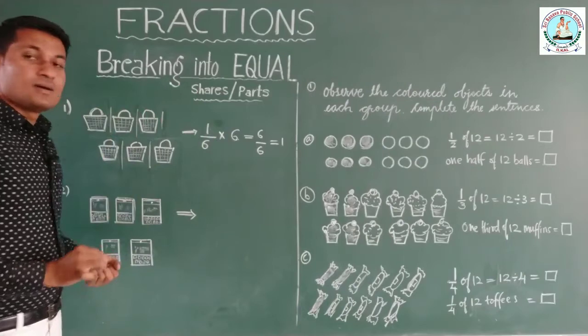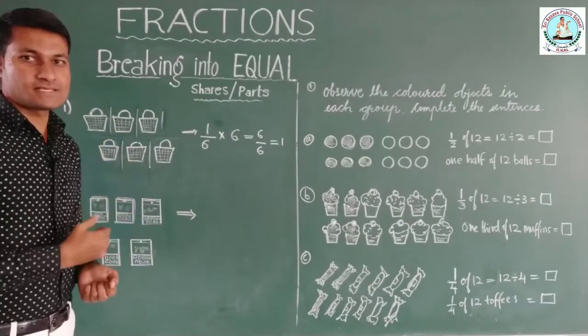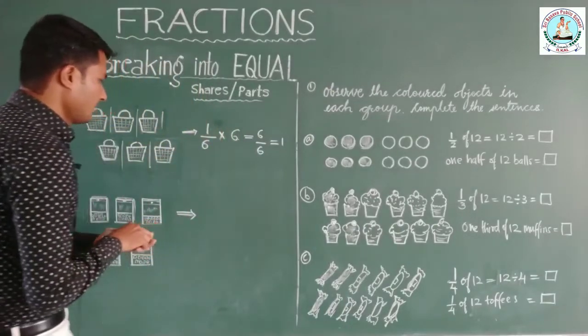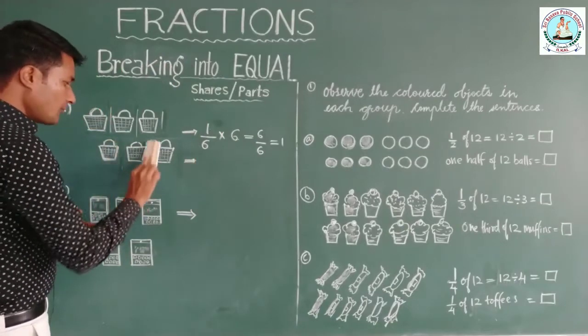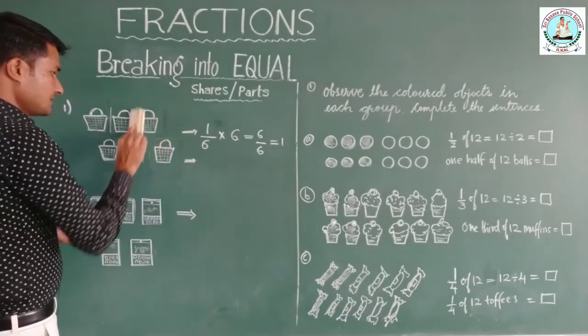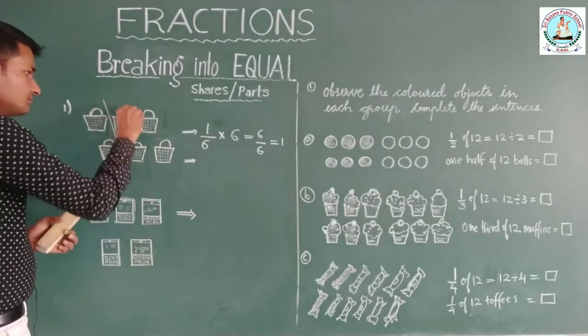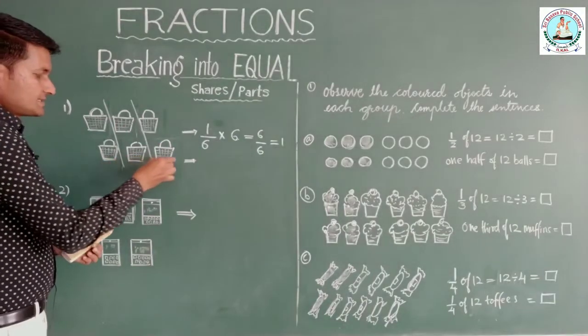This way of breaking can be done in another way as well. See here, I am going to break this group of baskets in another way like this. 1, 2, 3. See here, 2 baskets, 2 baskets, 2 baskets.